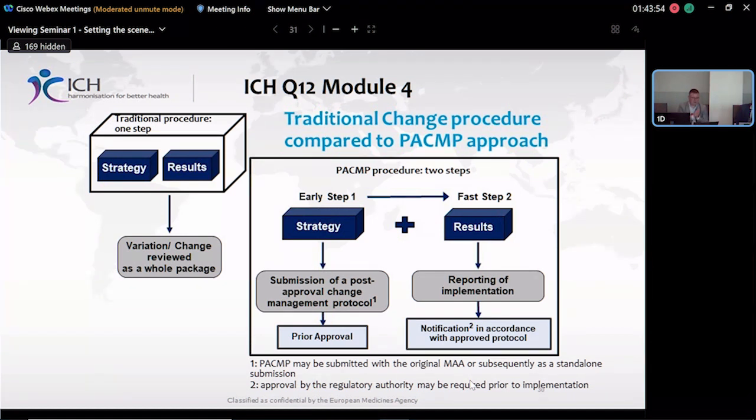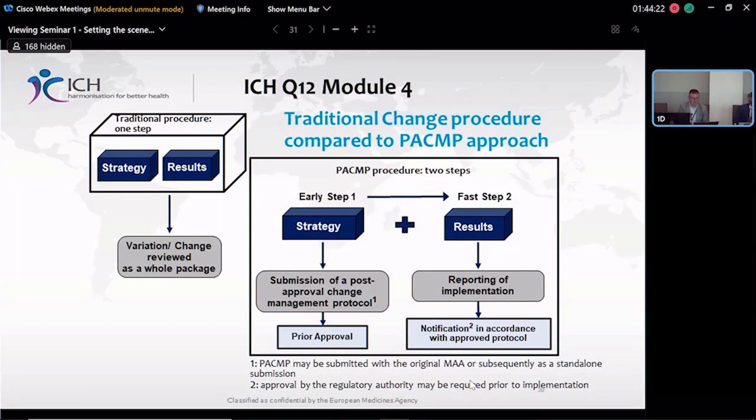This is what I'm going to test the batches for. These are the limits I'm going to apply. These are the acceptance criteria I'm setting. And as an assessor, we can review that strategy. We can ask questions. We can help them to refine the strategy before they've implemented it. And we can agree with them, with the industry, what exactly we expect to be generated to support this change.